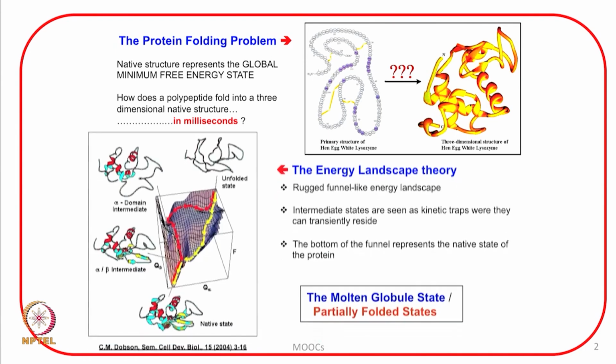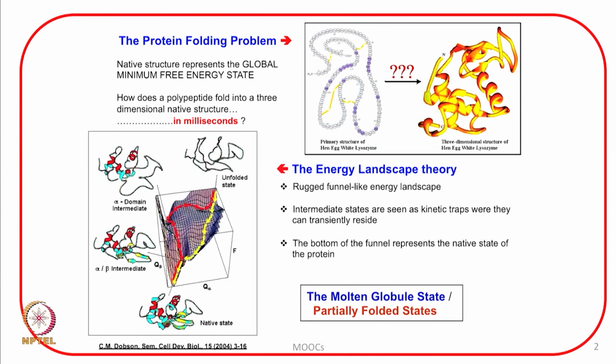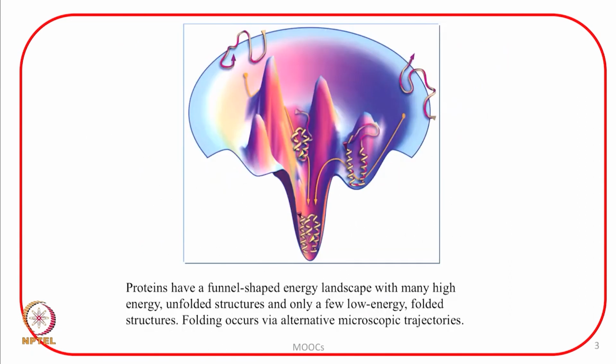And then we discussed that one of the most popular models which has been used in explaining protein folding is energy landscape theory. And there I highlighted the molten globule state, or partially folded states. This becomes clearer in the next slide.